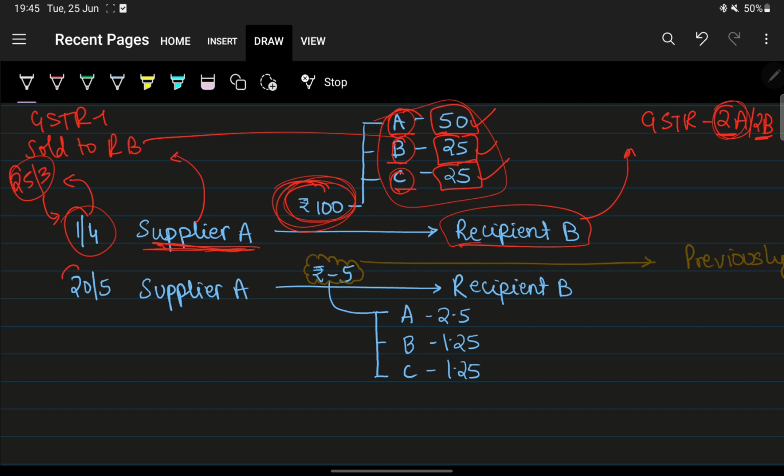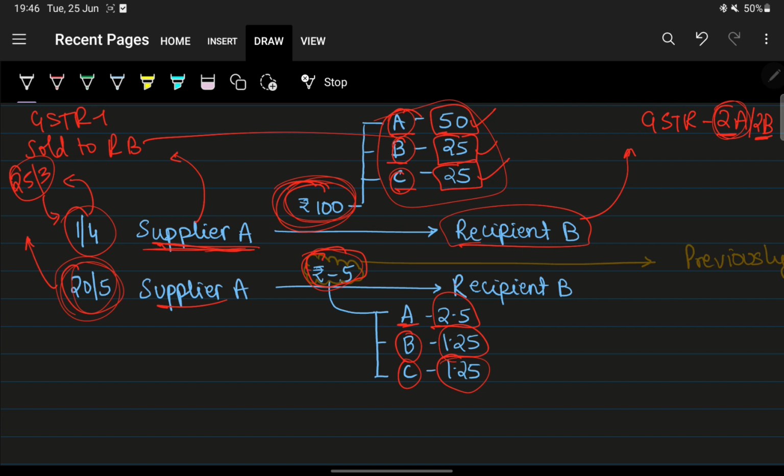So when those agreed terms are satisfied, supplier A is giving a 5 rupee discount to B, and he's raising a credit note for these particular invoices. For A he's reducing 2.5, for B he's reducing 1.25, and for invoice C he's reducing 1.25 again.